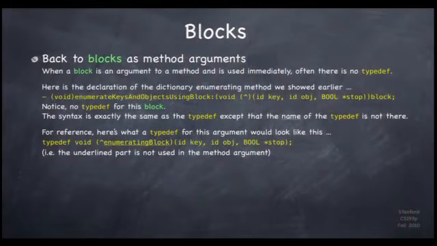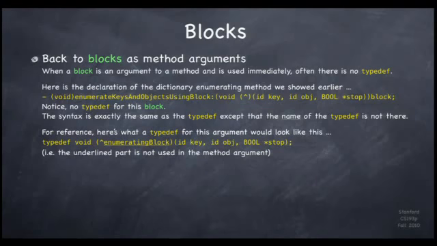A lot of times if you have a block which is an argument to a method and the object is not going to keep it around like add unary operation did, so for example like enumerate keys and objects using block, it's going to execute that block right in there. Usually they won't create a typedef. So if you look at the documentation for enumerate keys and objects using block, this is what it looks like. Now I just want to make sure you understand the syntax here.